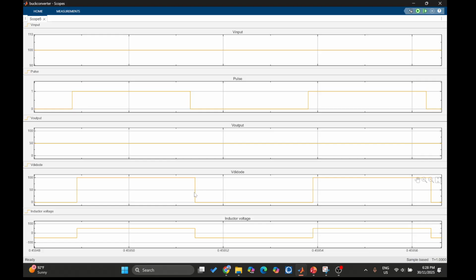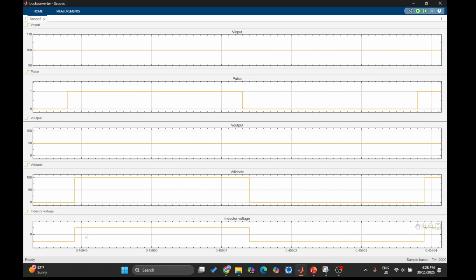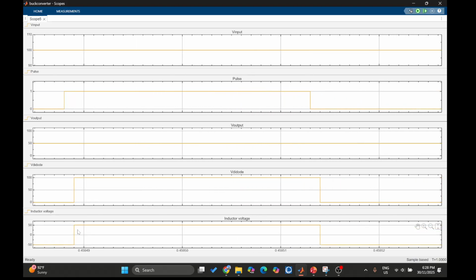When the switch is off, this node collapses to 0 volt. In the case of our inductor voltage, you can see that the inductor voltage is approximately 50 to minus 50.